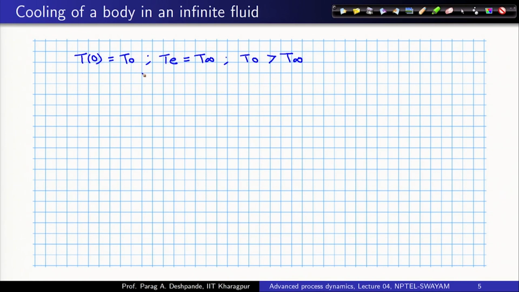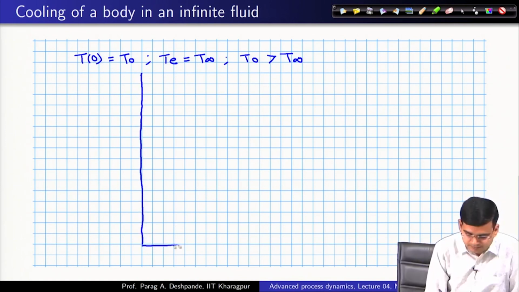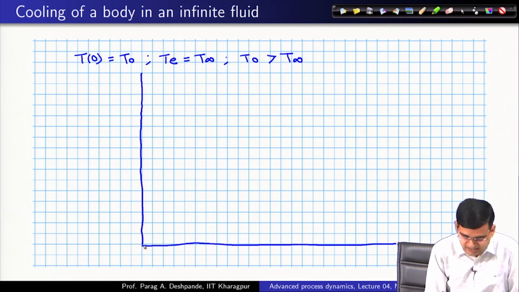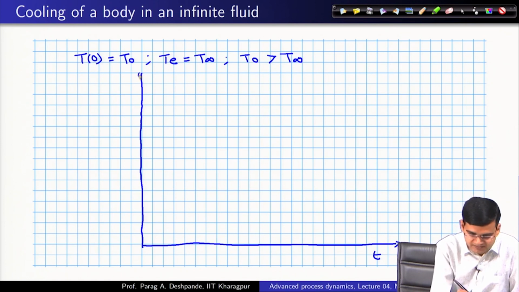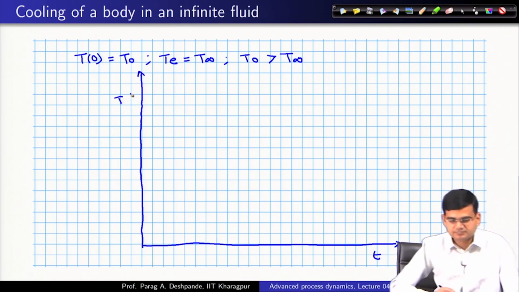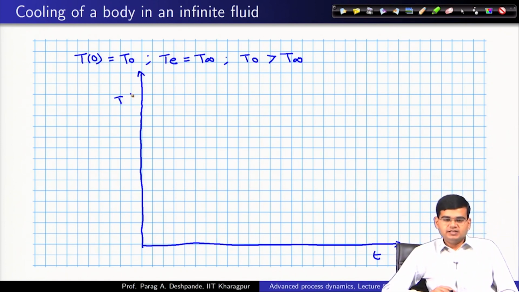So, again I will draw the axis, this is time, this is temperature. Again, my system has two extremities, one extremity is T 0, the other extremity is T infinity.